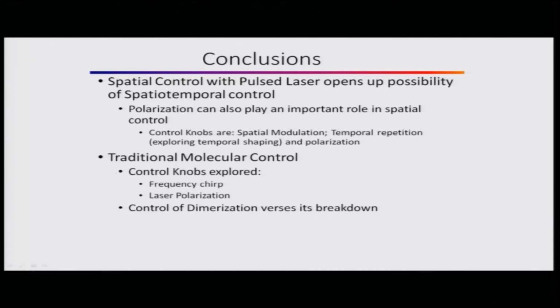And for the traditional molecular control, the control knobs that we explored were frequency chirp and laser polarization, and the control of dimerization versus its breakdown was also looked at. So, these set the pace for how quantum computing and the use of quantum objects for doing computation can be utilized.